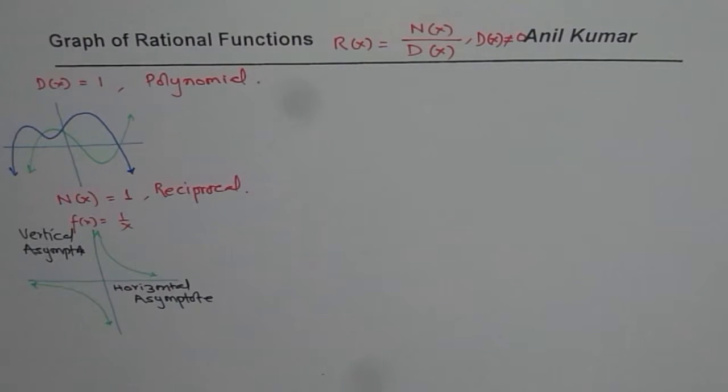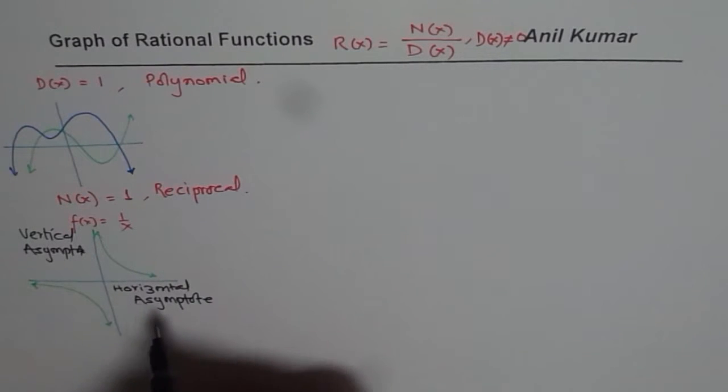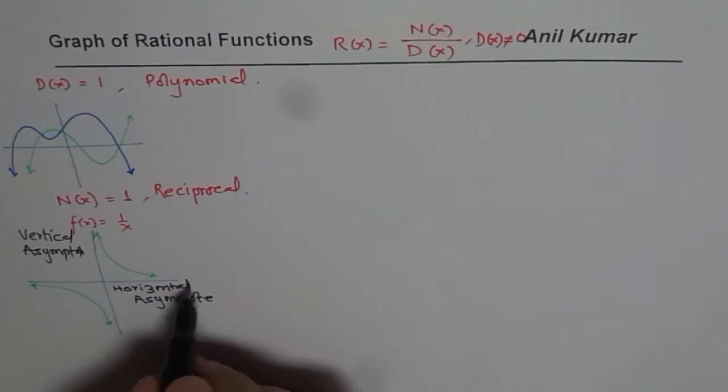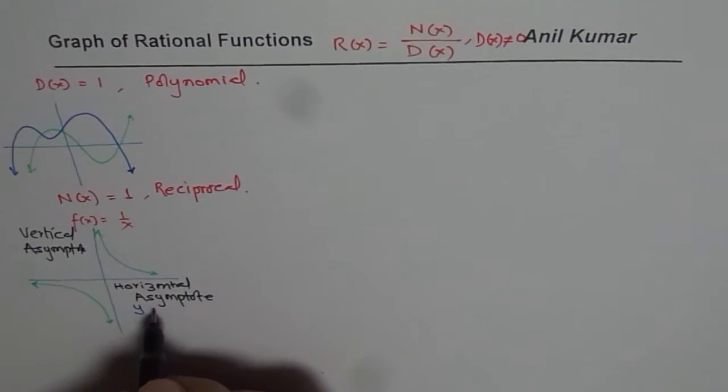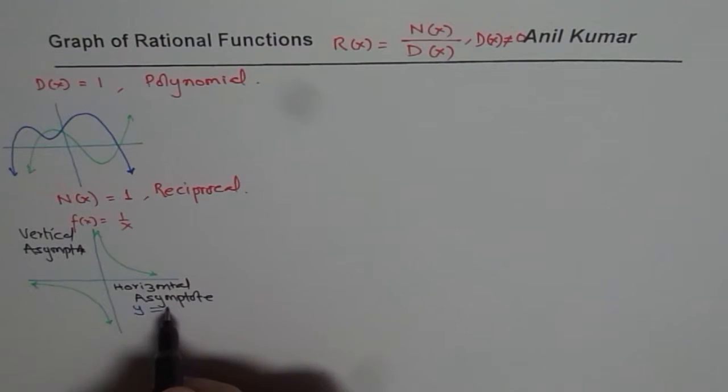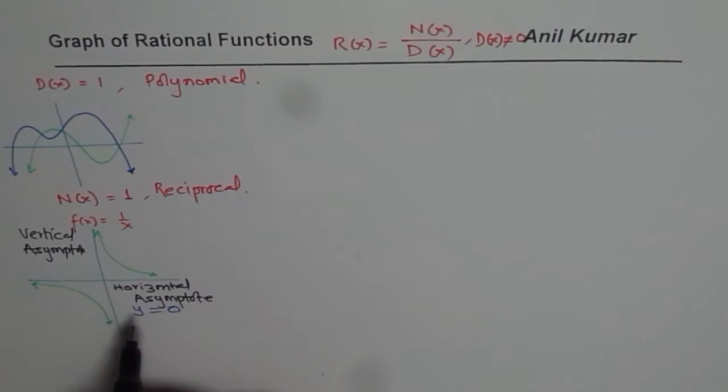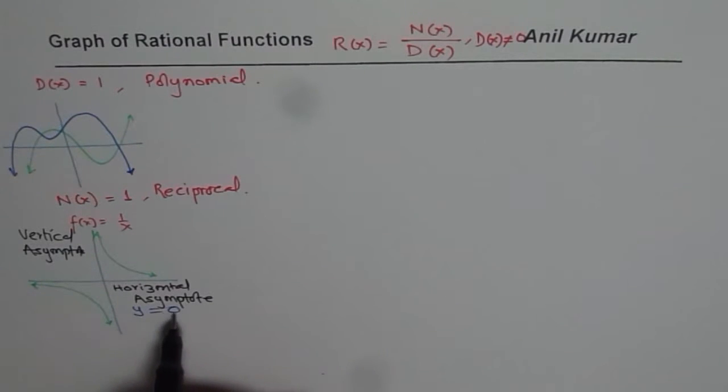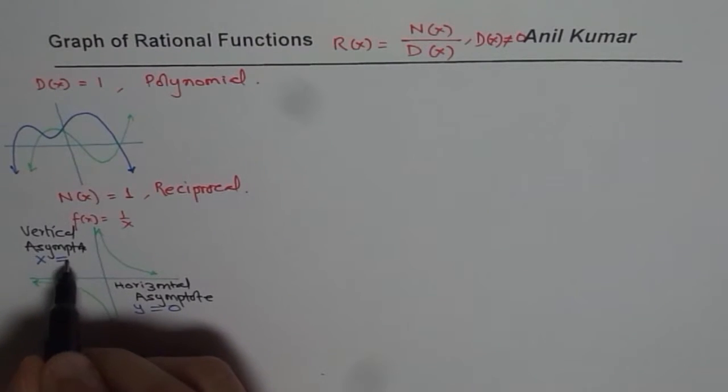These are the two very important concepts which we learn while exploring rational functions. The equation for a horizontal asymptote is always y equals something. In this particular case, it is y equals 0, since y is trying to approach 0. A vertical asymptote, however, is what x is trying to approach.